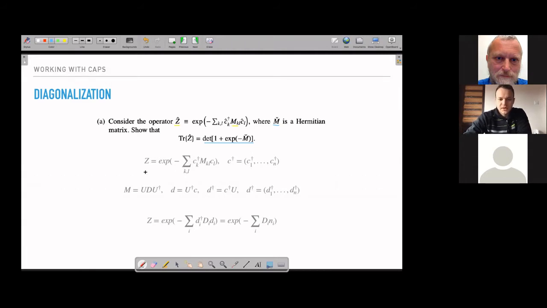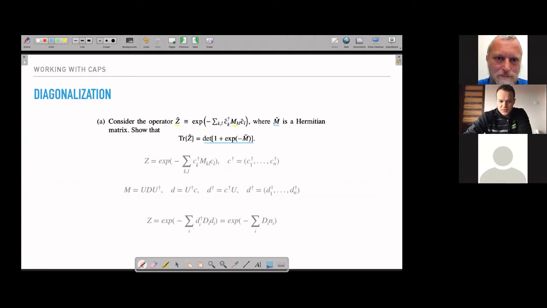So I just wrote down again this operator Z. Here I note that if there is no index on the creation or annihilation operators, I consider them as a row or a vector, a list of creation and annihilation operators.